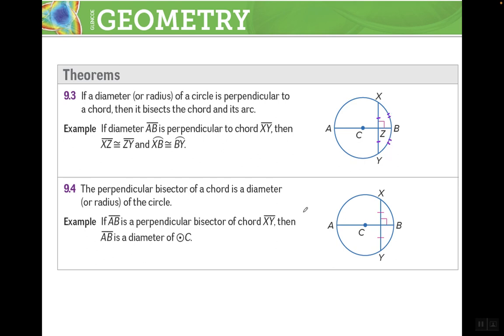Okay, and likewise, this is just the converse. It says the perpendicular bisector of a chord is going to be the radius or the diameter of the circle. So if there's a chord and they're equal lengths with a perpendicular line drawn through it, then you know that that line is going to be a radius or a diameter.